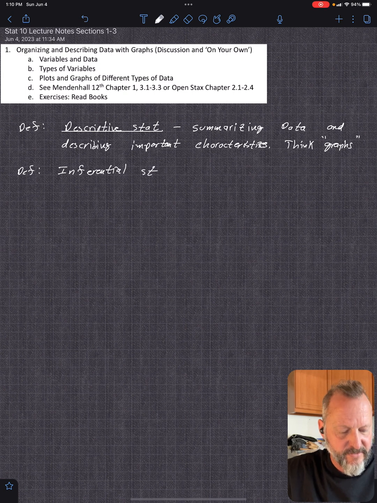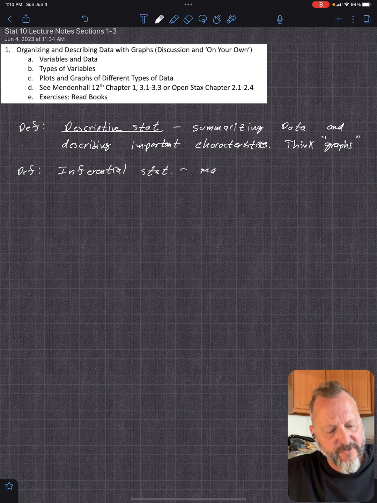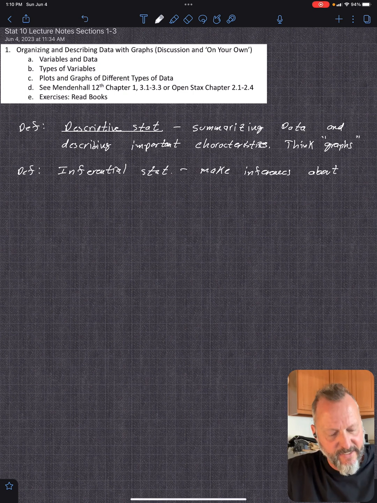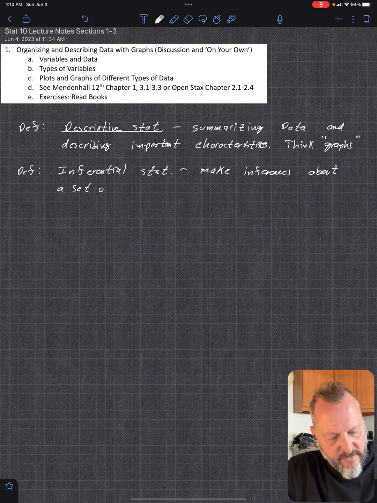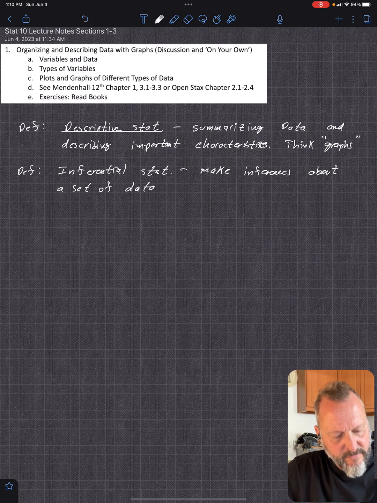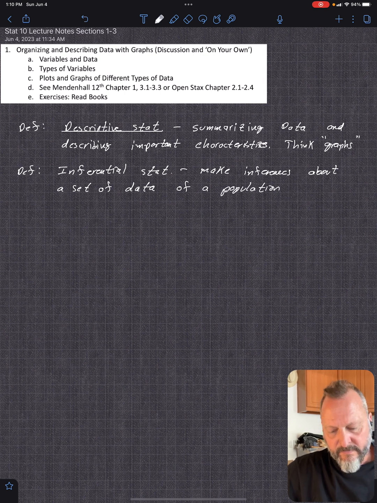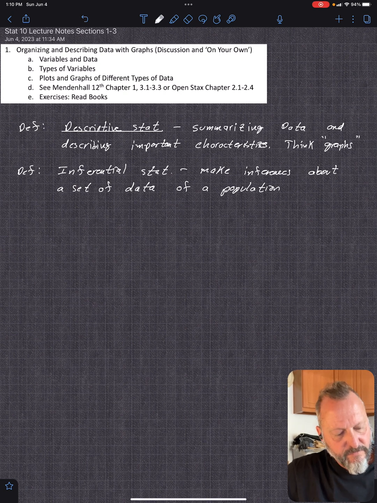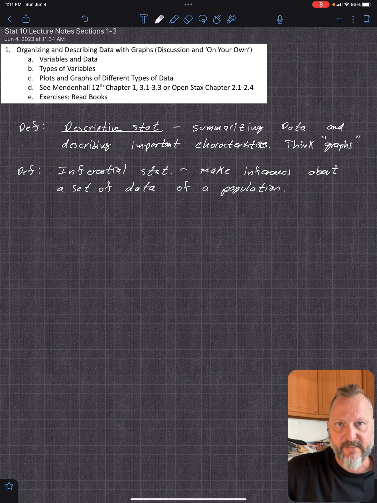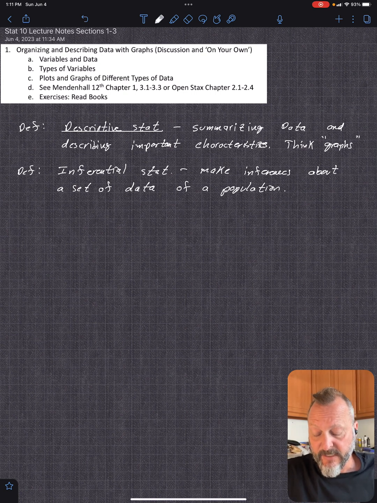Inferential statistics. And that's when you have the ability to make inferences about a set of data, of a population, for which the data is collected, or from the data is collected.